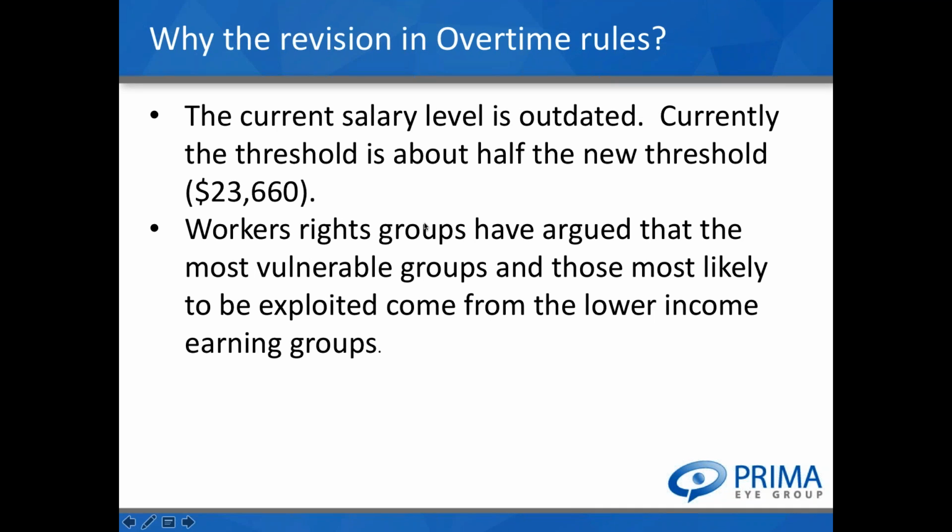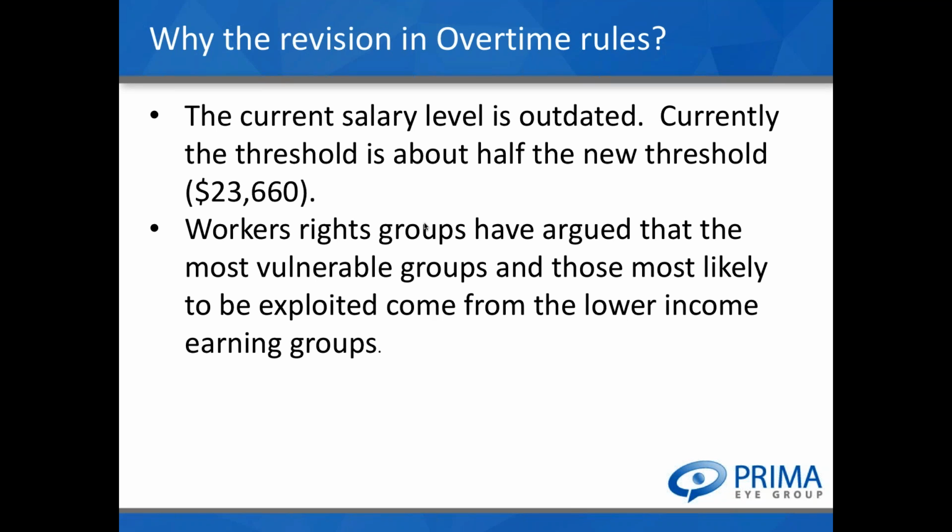And so why the revision? Well, for one thing, it's a bit outdated. The last update was in 2004, and the threshold currently is about half of what the new threshold would be. Currently, the threshold is only $23,660. So it was actually quite an increase from the old threshold, but again, keeping in mind that it hasn't been updated since 2004.